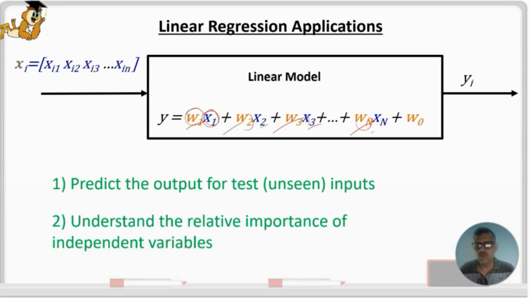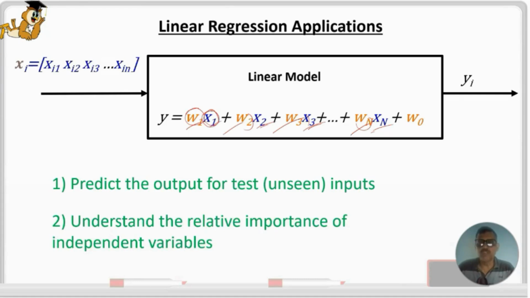Now, when you examine the values of W, it's important to keep in mind that the values of the X's, the independent variables, should have roughly the same order of magnitude, or a similar dynamic range.